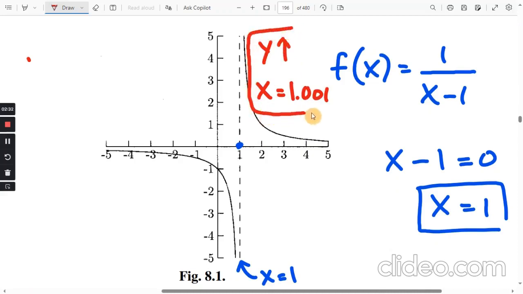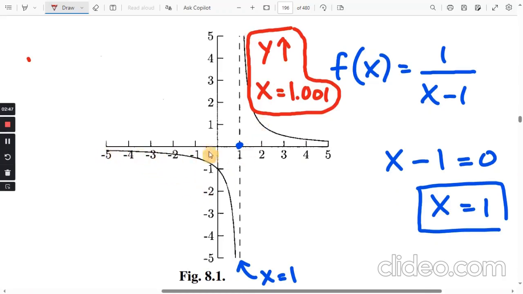And if you keep doing points that are closer and closer to 1, like 1.0001 and so on, the y value will just keep increasing.